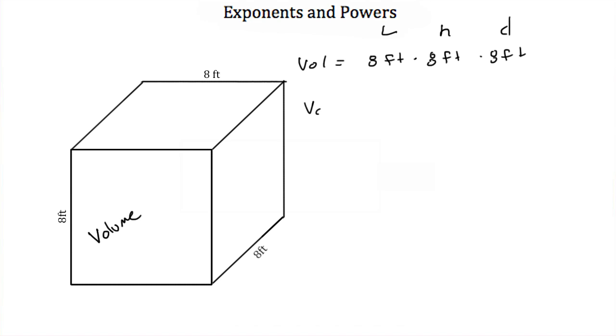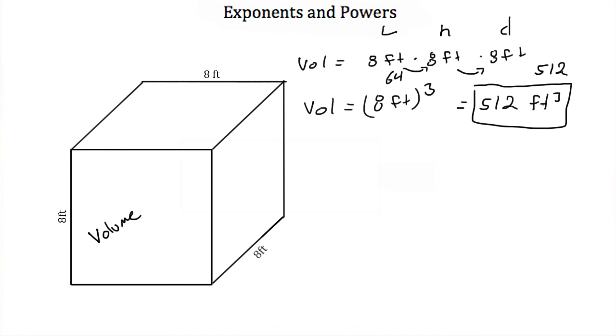Or I could find the volume by saying 8 feet cubed. Well, 8 times 8 is 64, and then times 8 again is 512. So the volume of my box is 8 feet cubed, or 512 cubic feet.